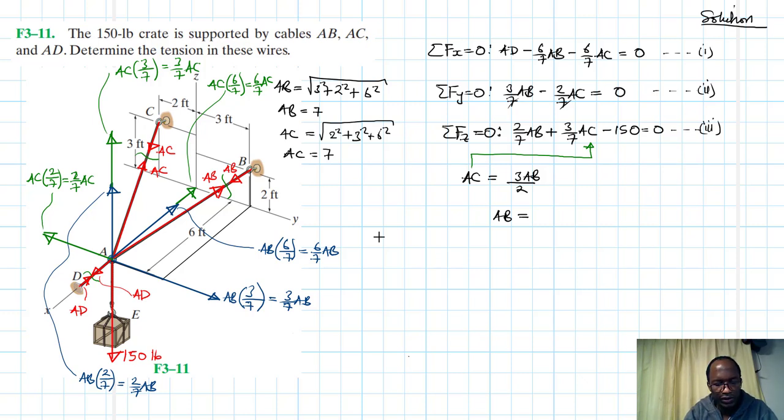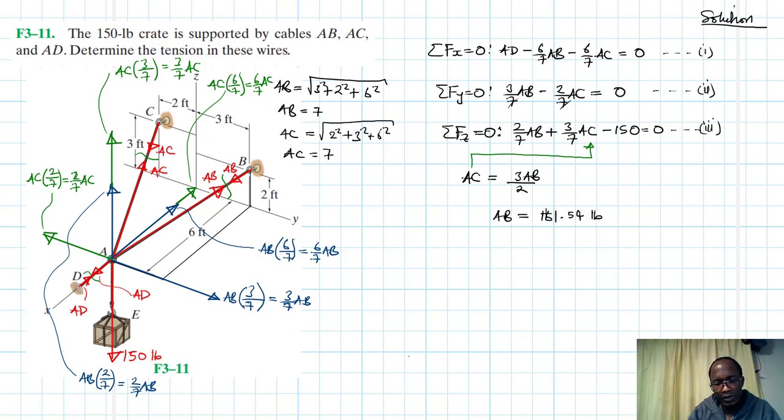So 2 over 7 plus 3 over 7 times 1.5. Okay, 3 over 2 is 1.5. Then we have the 150 divided by that. So we have 161.54.